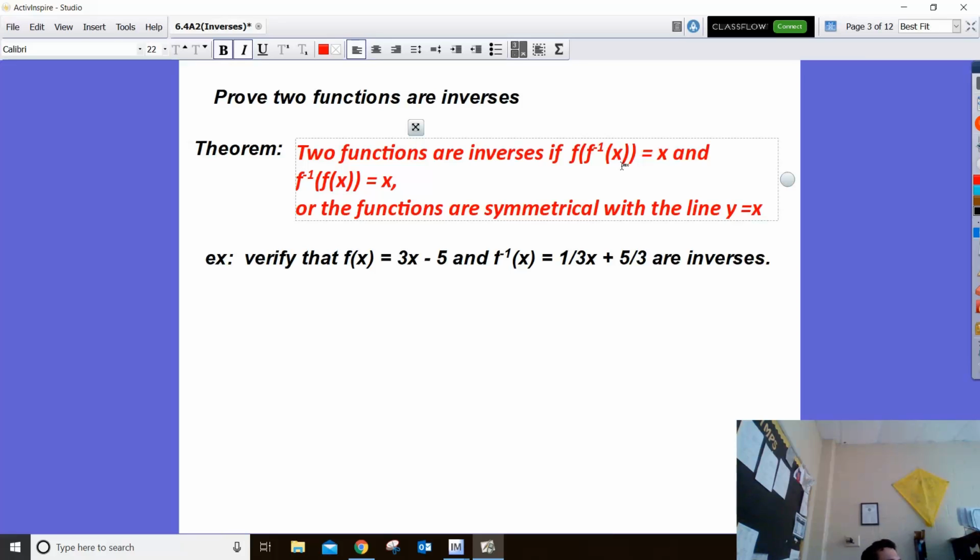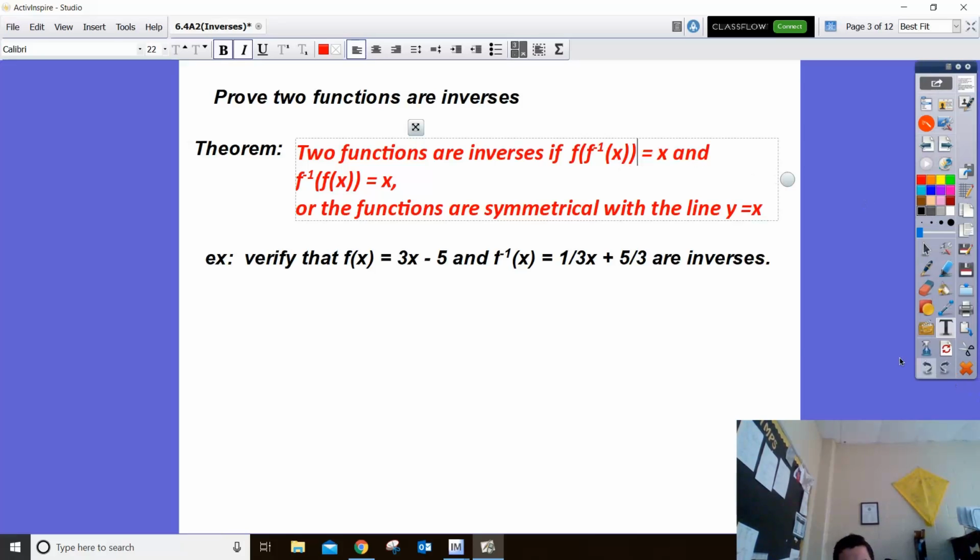Or the functions are symmetrical about the line y equals x. Let's use the remainder of class to verify it with the easy part. Tomorrow we'll do the actual algebra.